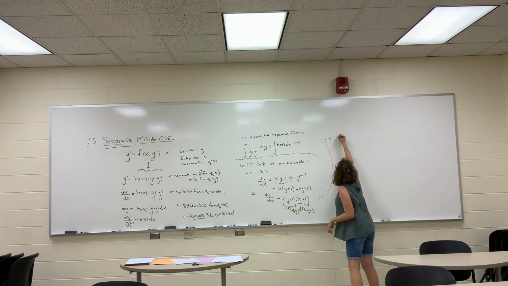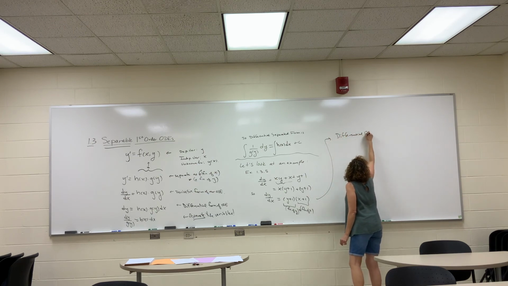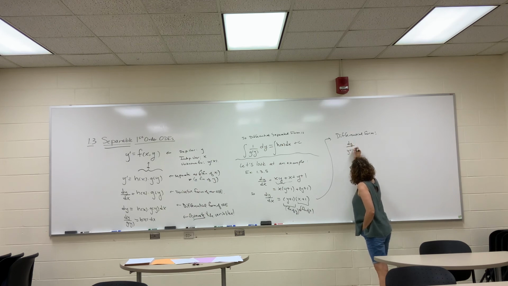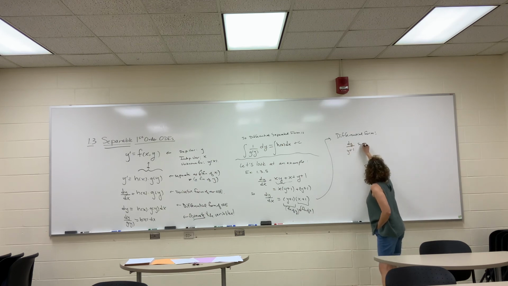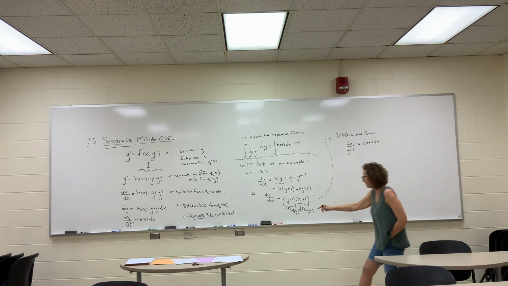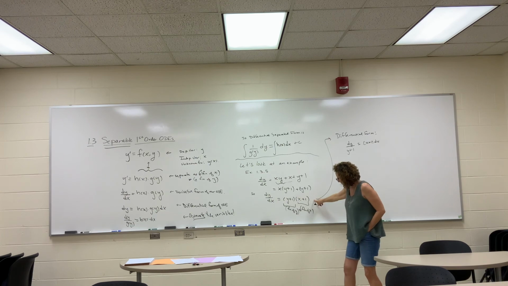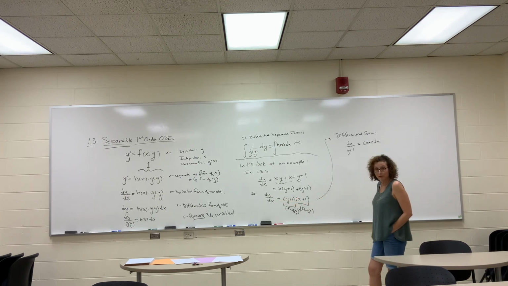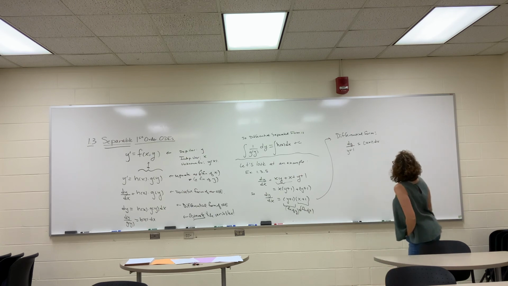So if I'm going to write the differential form of this, what do I want? I've got dy over y plus 1 is equal to x plus 1 dx. The dx comes over here, and the y plus 1 goes over there. So there's our differential form.